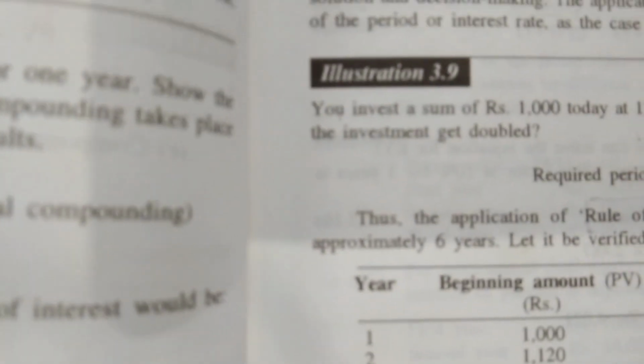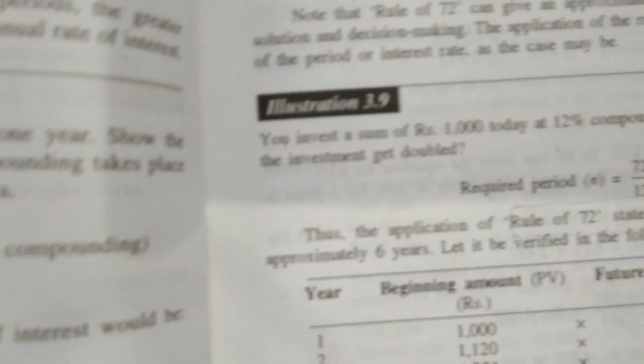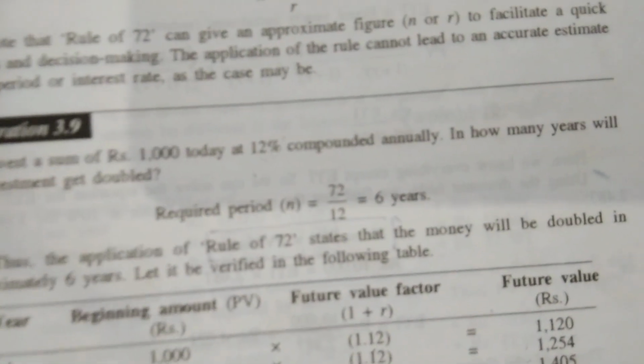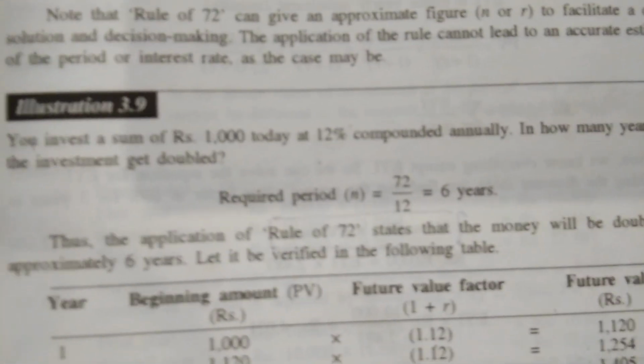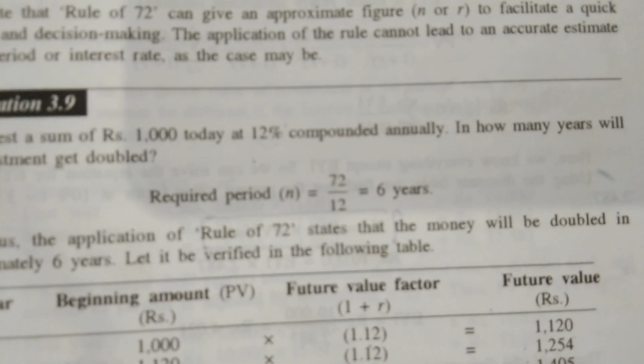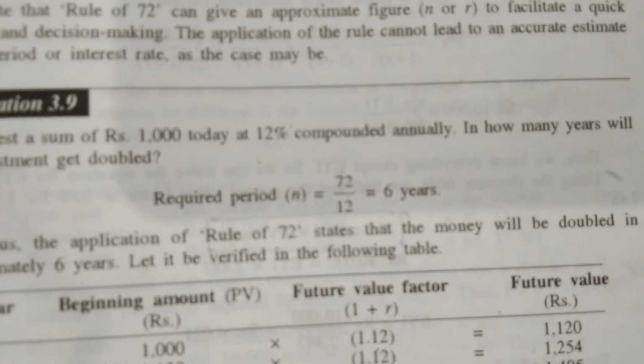Question: you invest a sum of rupees 1000 today at 12% compounded annually. In how many years will the investment get doubled? What will be the required period?